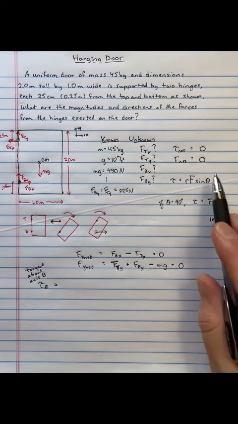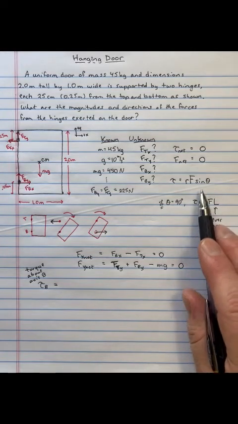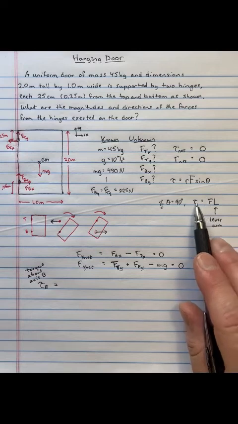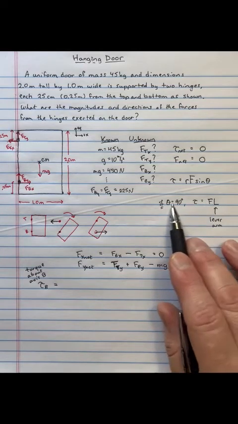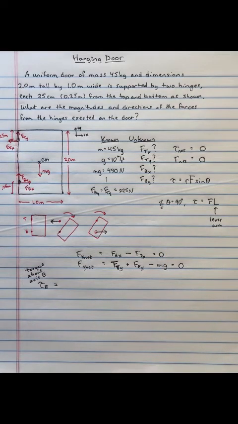What are those torques? Well, individual torque, again, is R F sine theta, or tau equals F L if we pull this particular trick. So let's take a look at the various forces and ask if they contribute torques or not. Now remember, a short version of this for torques, if a force vector is either pointing directly towards or directly away from the hinge, no torque.